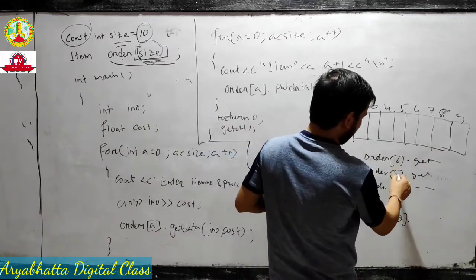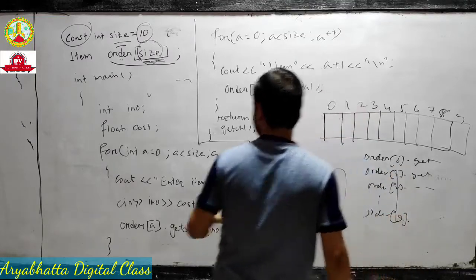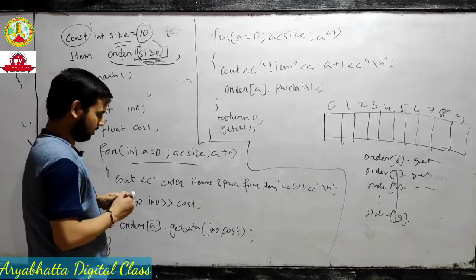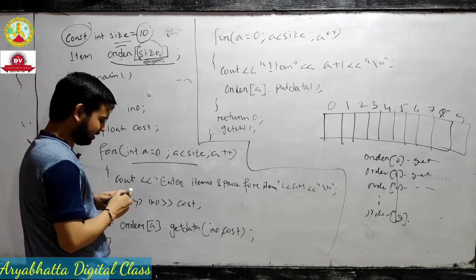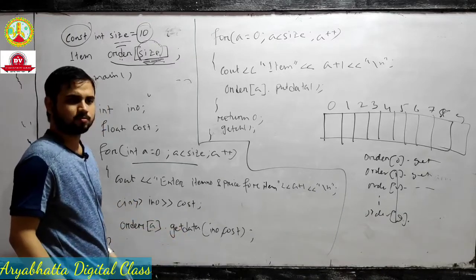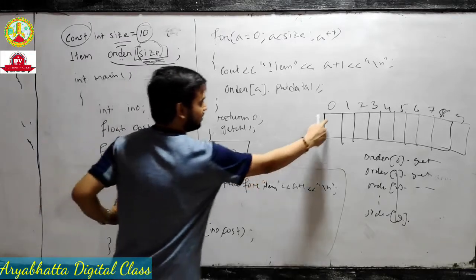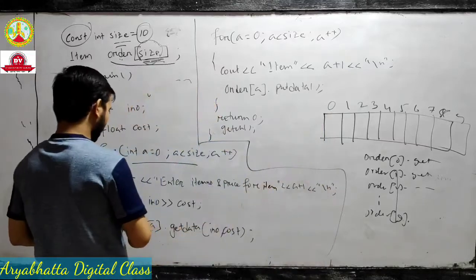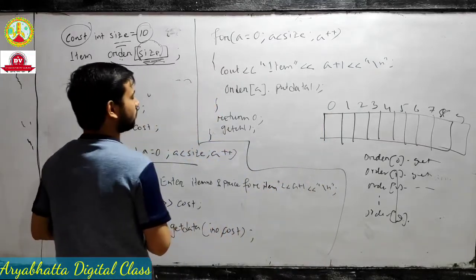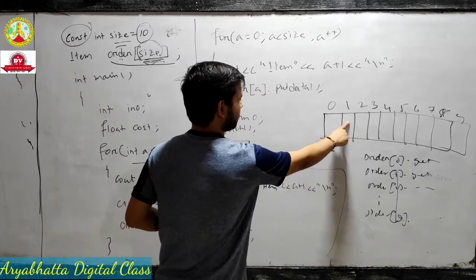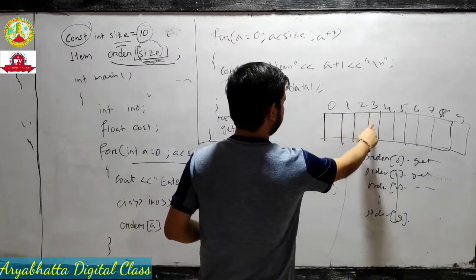These values 0 1 2 3 come in a, in a loop. That's why we write a here. Your object will access the input member function how many times? 10 times, because there are 10 items. First of all he will access this, and after he accesses this, the item number and price come, like that.